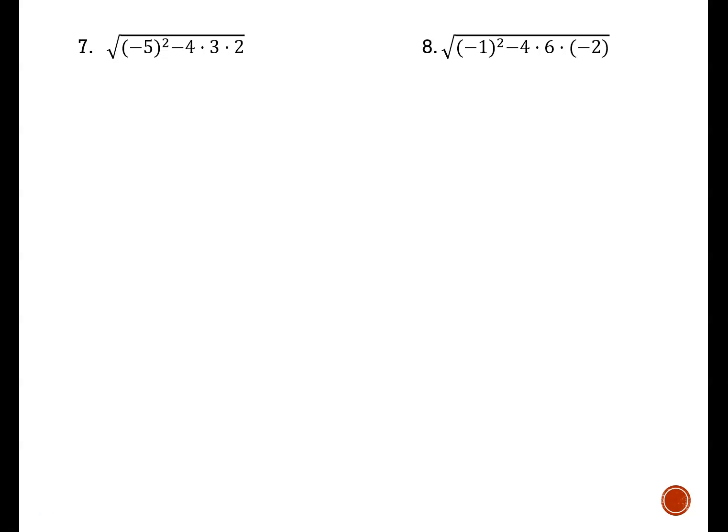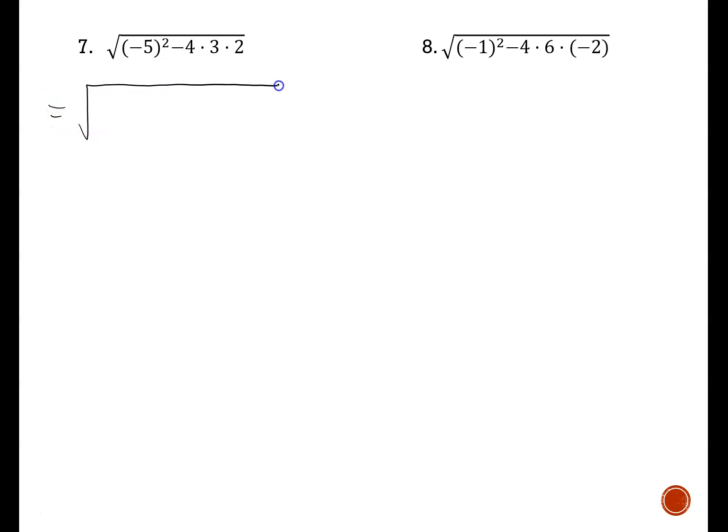What we need to learn is how do we simplify that? So again, think of the radical like parentheses. You have to do what's inside it first, and then you would take the square root at the very end.